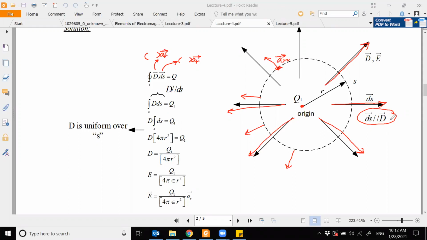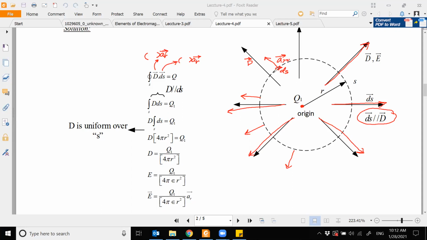So based on this direction, we conclude that dS bar is the same direction as D bar. This is my dS bar, and this is my unknown electric flux density D bar. And see, they are parallel.